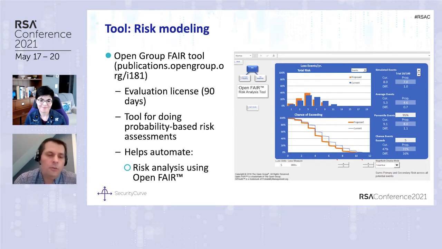Basically, it allows you to do probability-based risk assessment and risk analysis, to help you automate the process you would go through if you're going to do a FAIR-based exercise. There are things like Monte Carlo simulation built into this, so that you can get a probabilistic view of it.